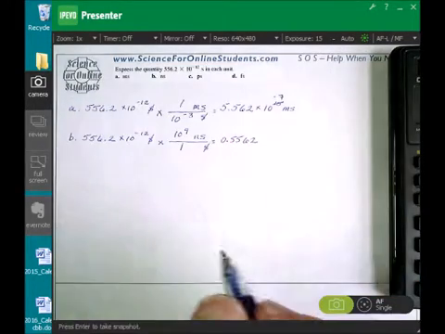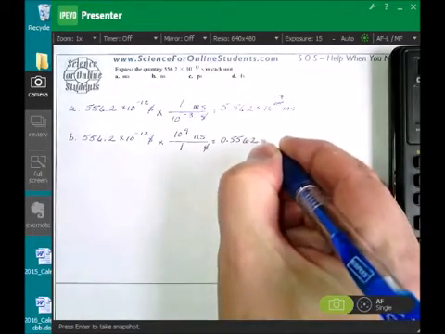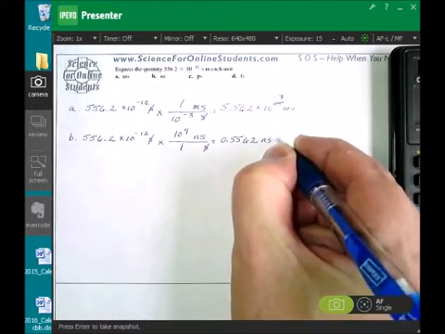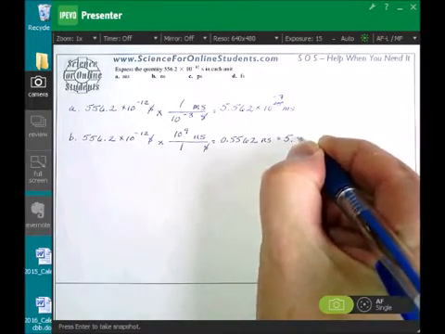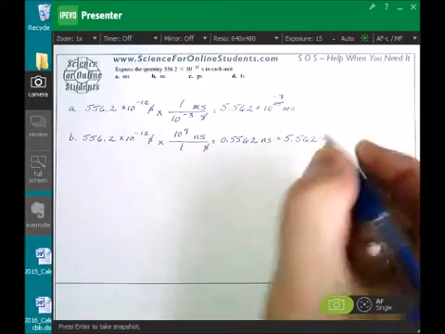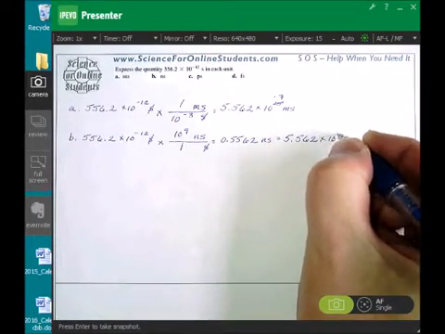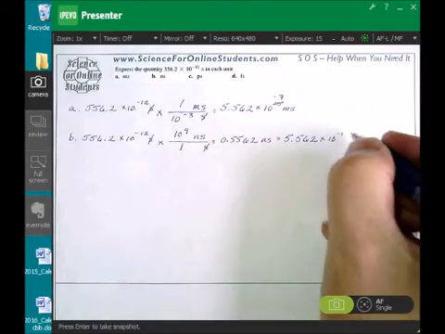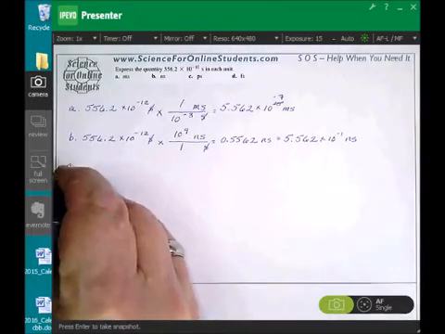But if we're going to put it in proper scientific notation, that's going to be nanoseconds, then that would be 5.562 times 10 to the minus 1 nanoseconds.